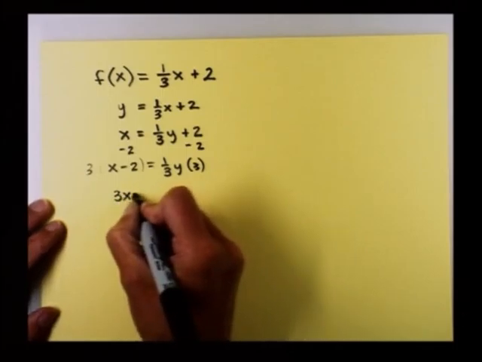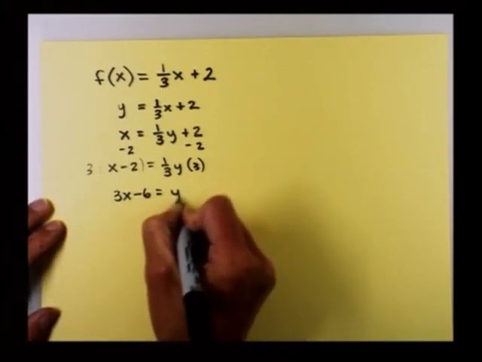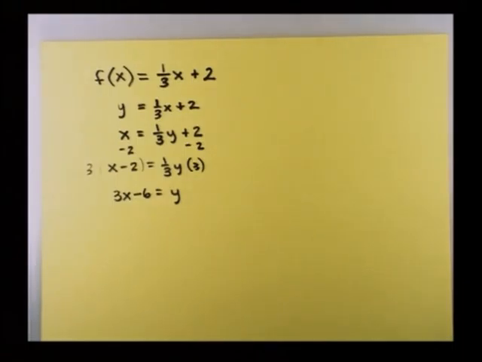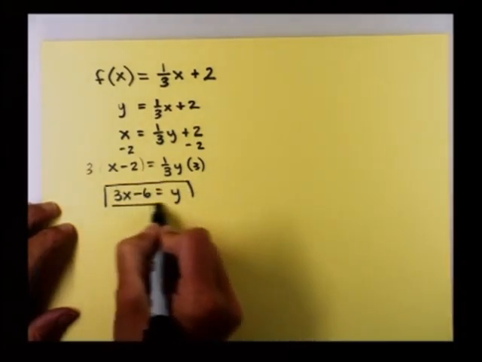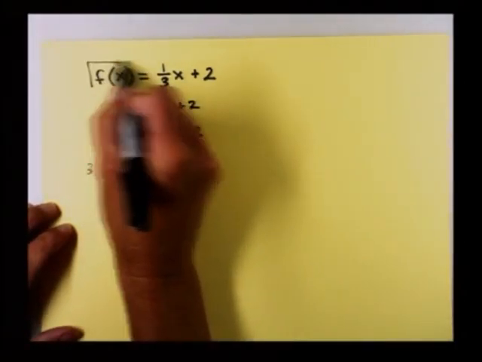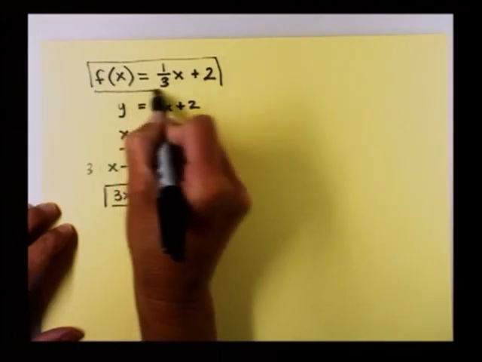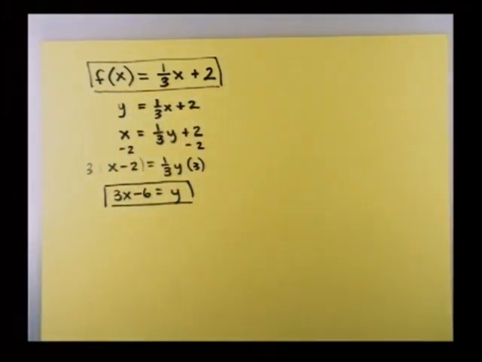So my inverse is 3x minus 6. So here we have our original function and our inverse function.